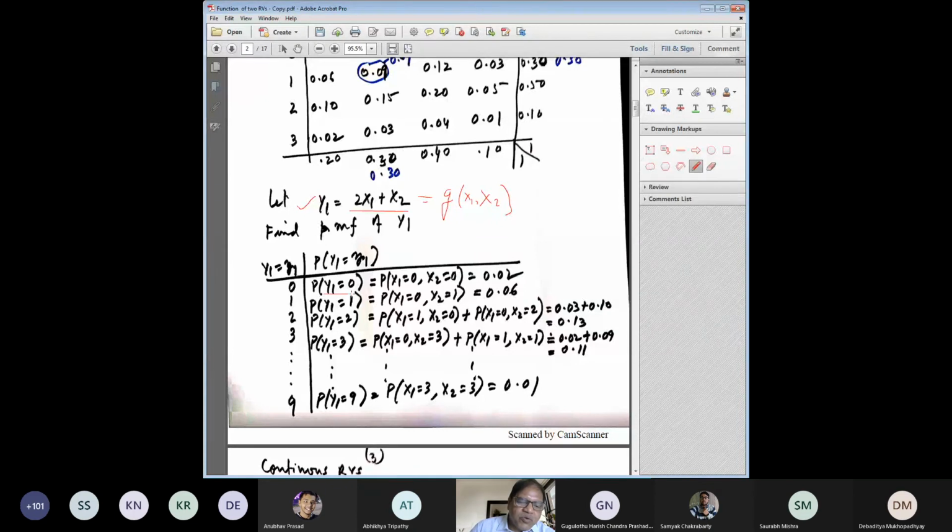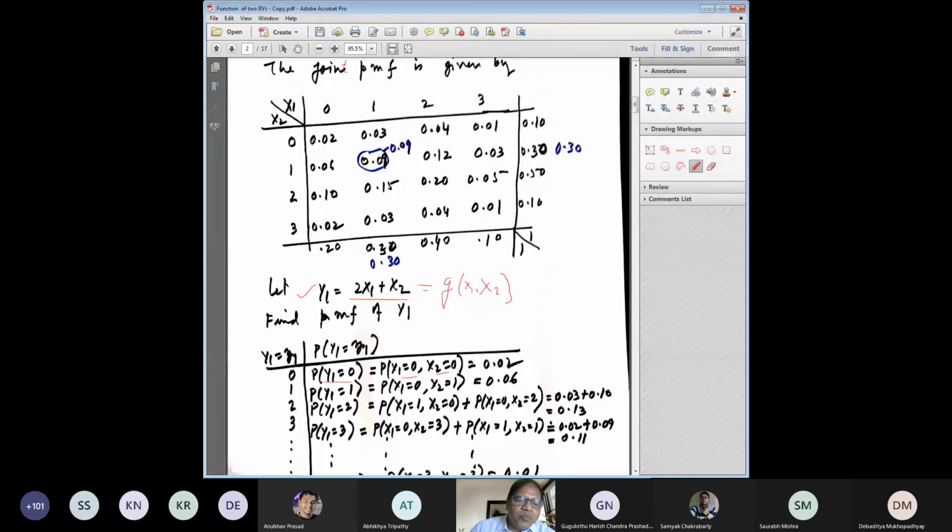So y1 equal to 0 means, when you look back here, y1 will be 0 when x1 is 0 and x2 is 0. So x1 0, x2 0, this probability is 0.02.